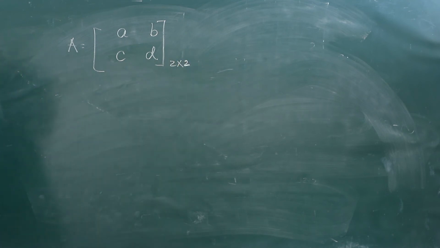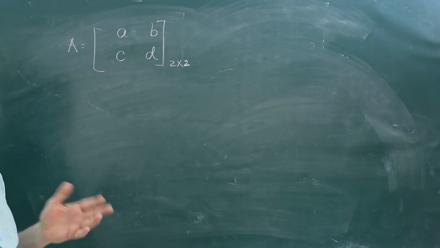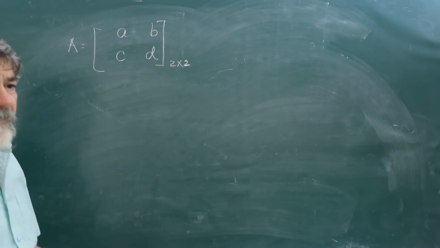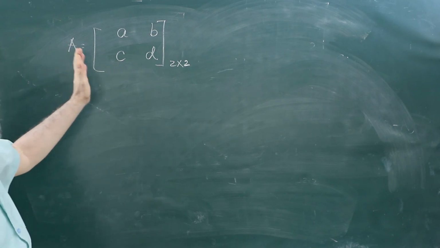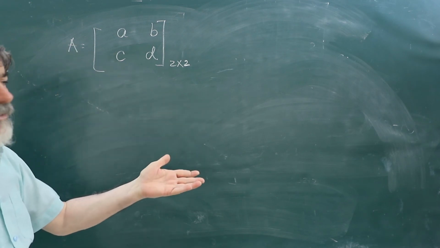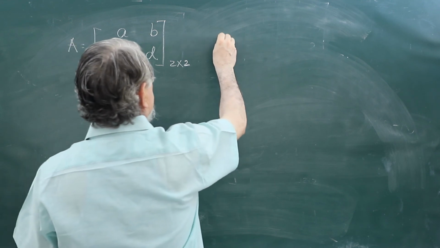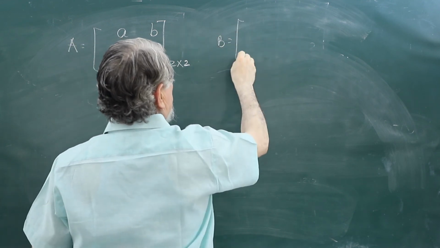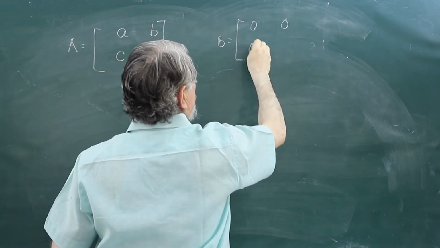It's a general matrix I have taken. And if I add a null matrix to it, I can add a null matrix of the same order. Suppose B is 0, 0, 0, 0.